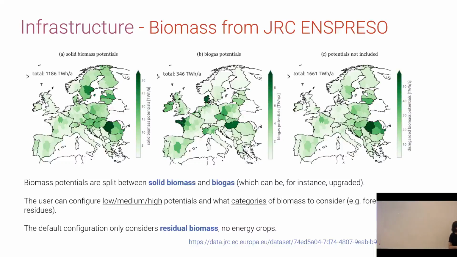And then we have categories that can end up being transformed into biogas, and the classic example is manure, which later in PyPSA-Eur can be upgraded into methane. Again, which of the categories described in the ENSPRESO database are later aggregated into solid biomass, biogas, and not used is selected via the config file.